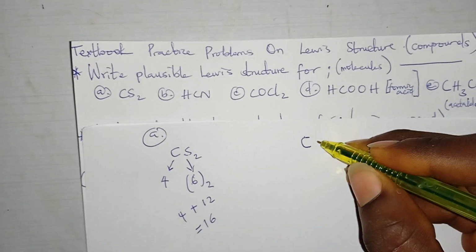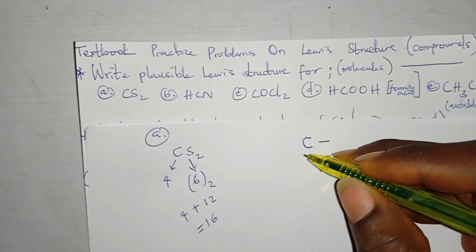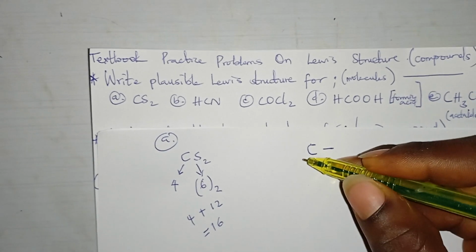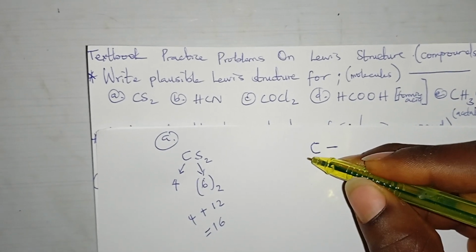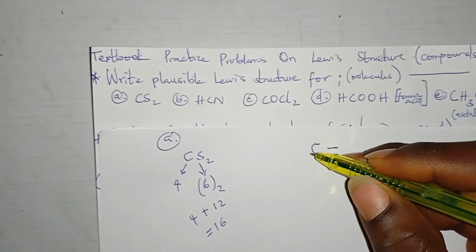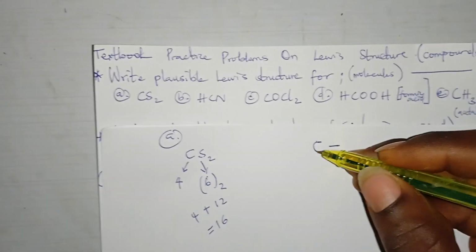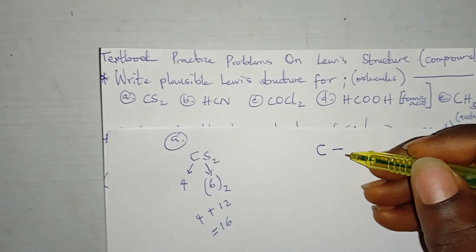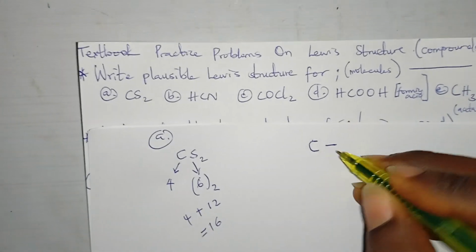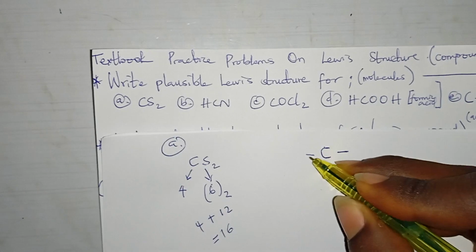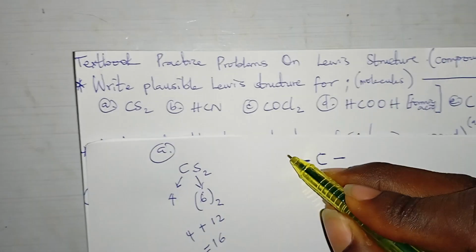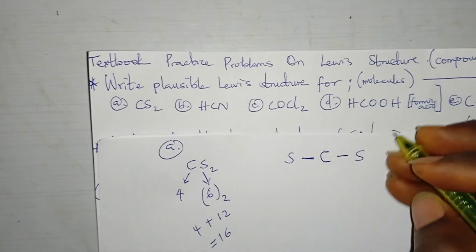Carbon is less electronegative when compared to sulfur. Sulfur is in group 6, while carbon is in group 4. So let me put carbon as the central atom because it's less electronegative, then sulfur this way, and sulfur this way.